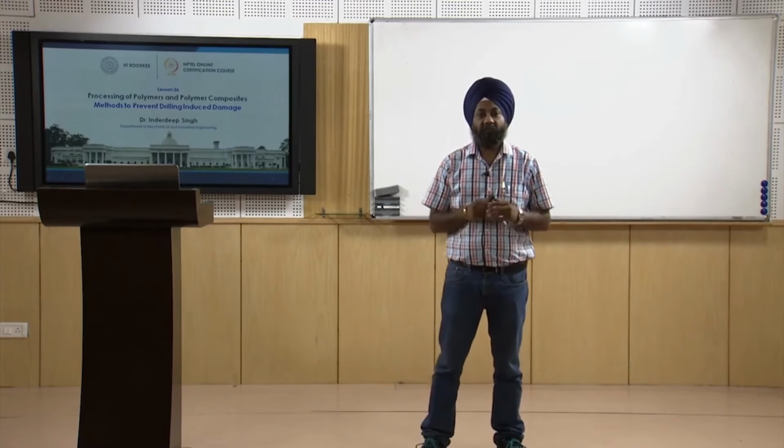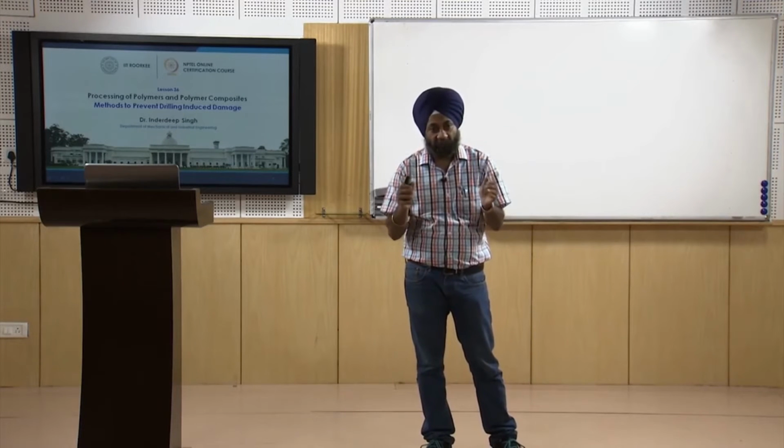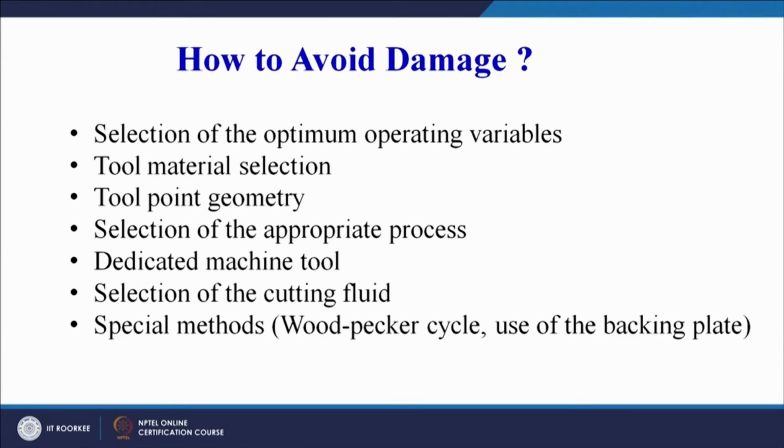So let us start our discussion by having a brief review of the methods that have been used for avoiding the damage. So let us see our first slide. The first thing that we covered in the previous session was how to avoid the damage.